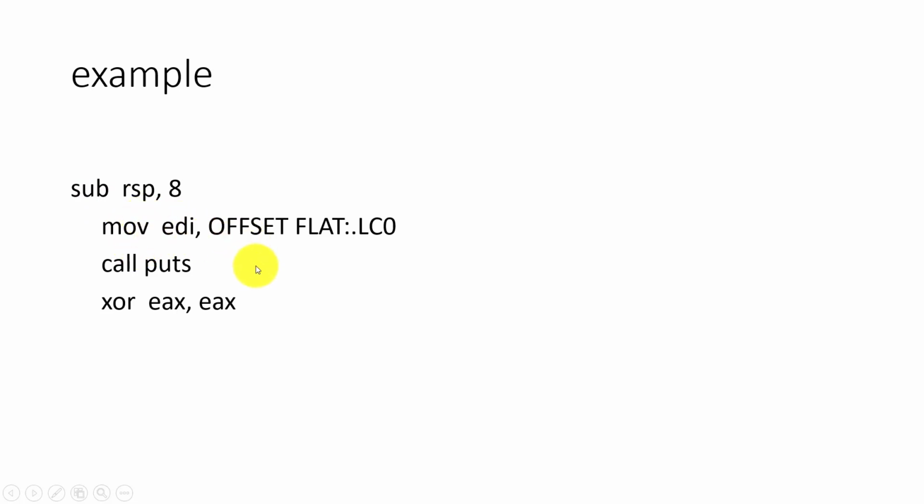Moving one variable to another variable location, we use offset, flat, etc. These English words are all the instruction set, which you can also refer to as opcodes. Call, puts, XOR are operations or symbolic codes of operations, that is add, and we are going to store this addition into a particular variable.